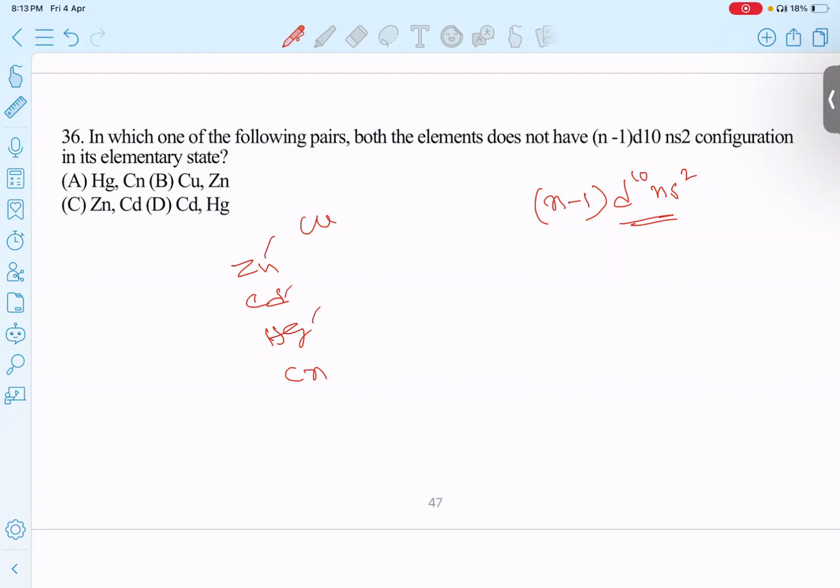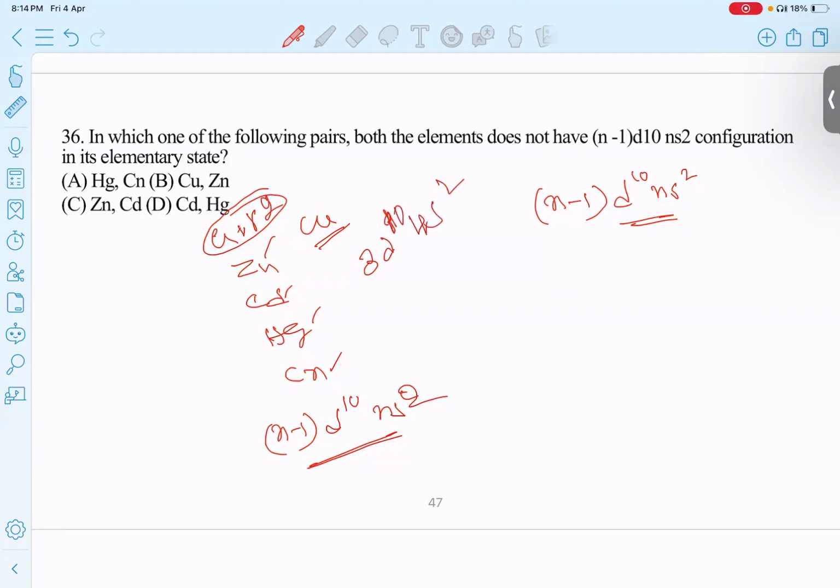Zinc, cadmium, mercury and copernicium are group 12 elements. The electronic configuration is (n-1)d10 ns2, a completely filled d shell. For copper the electronic configuration is 3d10 4s1, but zinc's configuration is 3d10 4s2.